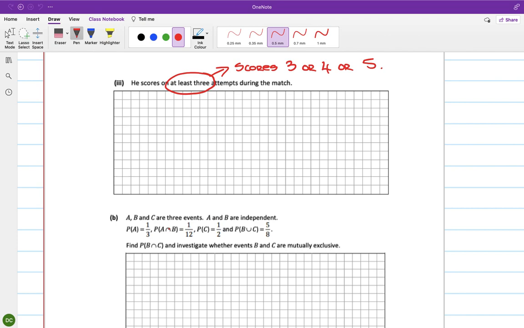So the probability of scoring 3 is out of the 5 scores 3. We want 3 scores and 2 misses. That's scoring 3 times. Or he could score 4 times, which is out of 5, he will score 4 of them.